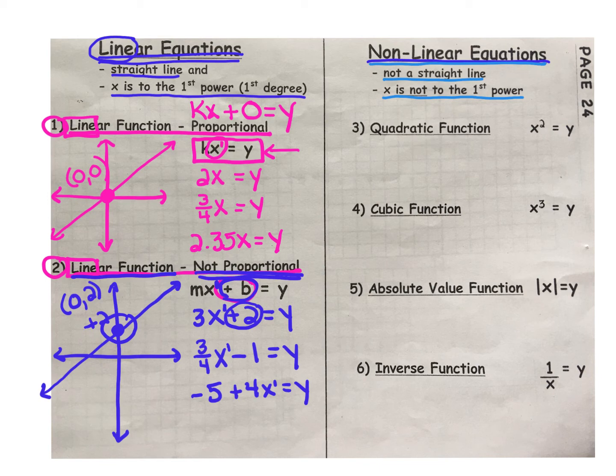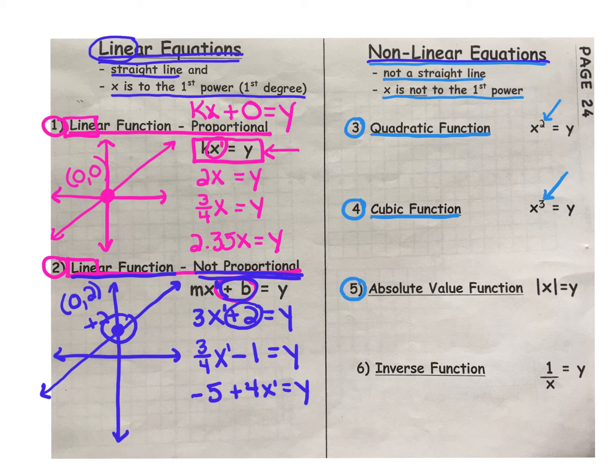Let's take a look at a few different examples of nonlinear equations. Number 3 is a quadratic function. In this case, x is to the second power. Number 4, cubic function, where x is to the third power.